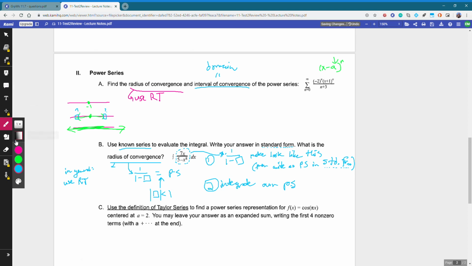And so let me just say, when we're looking at the radius of convergence, we can find it using this inequality, when we're using this formula for our geometric one.